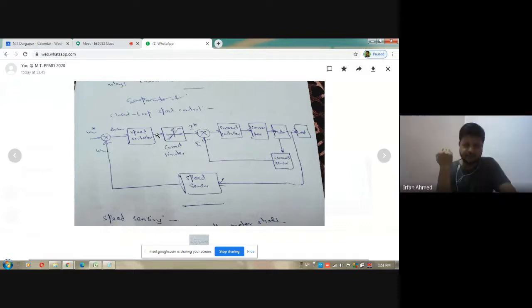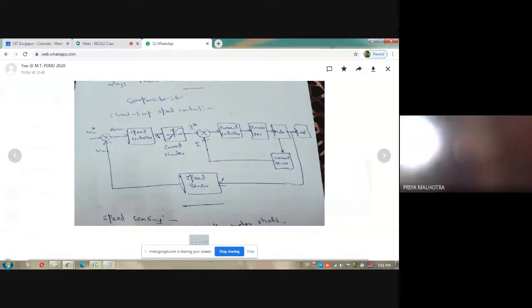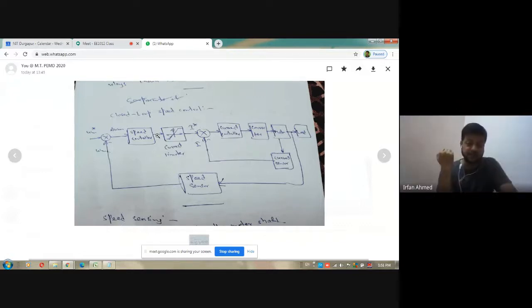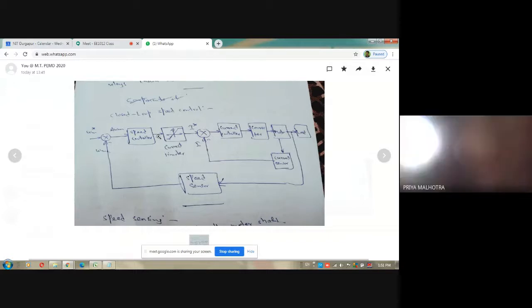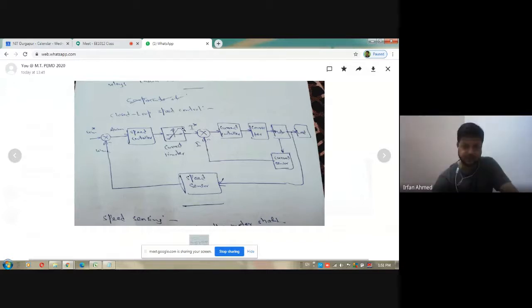The speed controller will convert the speed error into the reference current. But your reference current has to have maximum and minimum limits. That is why you need a current limiter. The purpose of this current limiter is simply to limit the maximum value of the reference current. Basically, it is a saturation block.